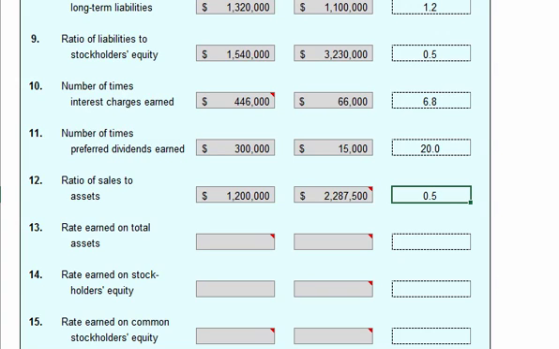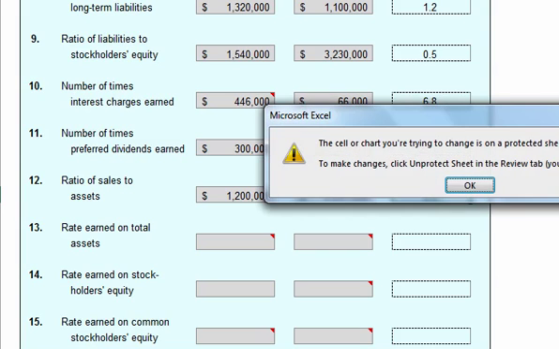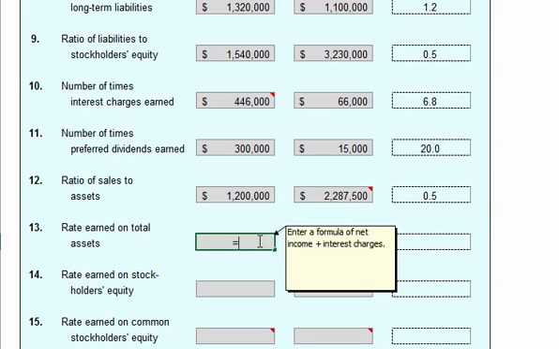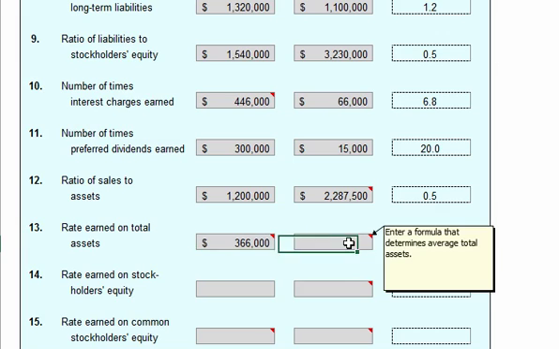Okay, we're now again on rate earned on total assets. In the top, we've got net income plus interest expense. So that's $300,000 is our net income, plus interest expense, that other expense with interest in parentheses. That's $66,000. And then we're going to divide by average total assets.